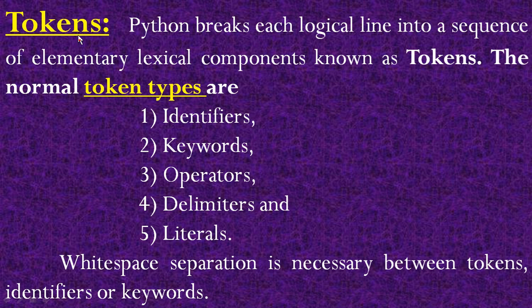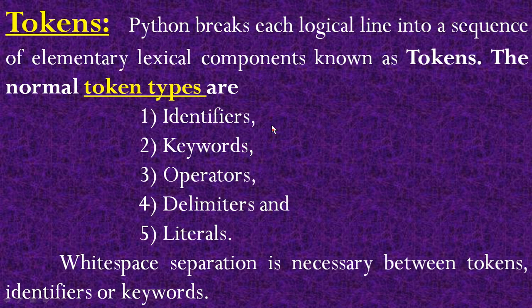Next topic, tokens. Python breaks each logical line into a sequence of elementary lexical components known as tokens. This is the 2-mark question, what is token, what are the types of tokens. One, identifiers. Identifier means variables or name of the class or name of the function are totally known as identifiers.